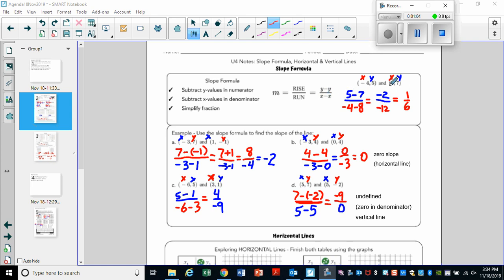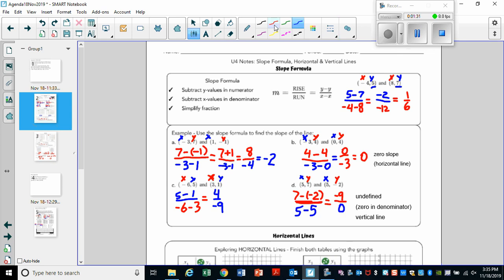So for this problem, we had -4, 5 and +8, 7. Those are our 2 points in question. So we first look at the y coordinates. So your y's being +5, +7. So what we first do is take the difference. So 5 minus 7, which is -2.